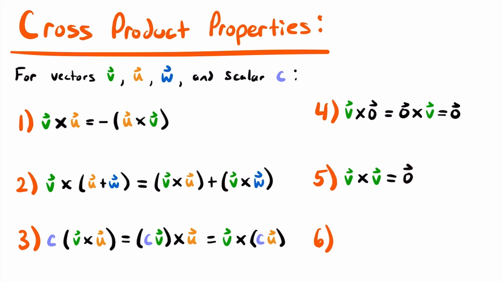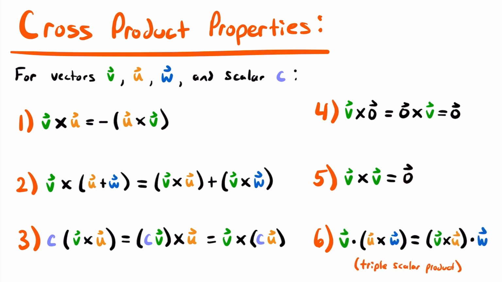And then finally, for our last property, we have that vector v dotted with the cross product of vector u and vector w is equal to the cross product of vector v and vector u, dotted with vector w. And this calculation actually has a special name. It's called the triple scalar product. And we'll talk about that more in a future lesson.